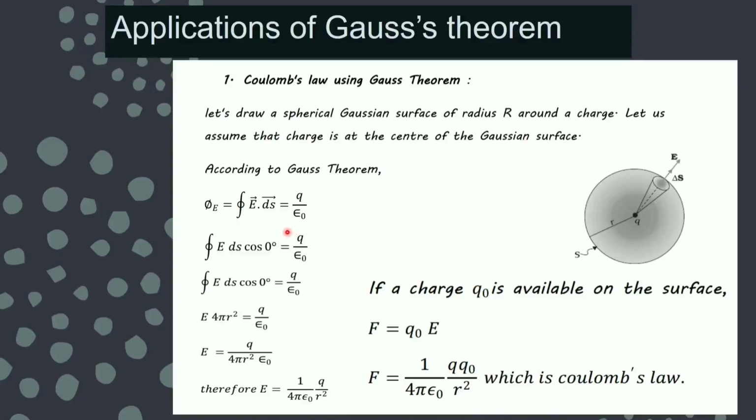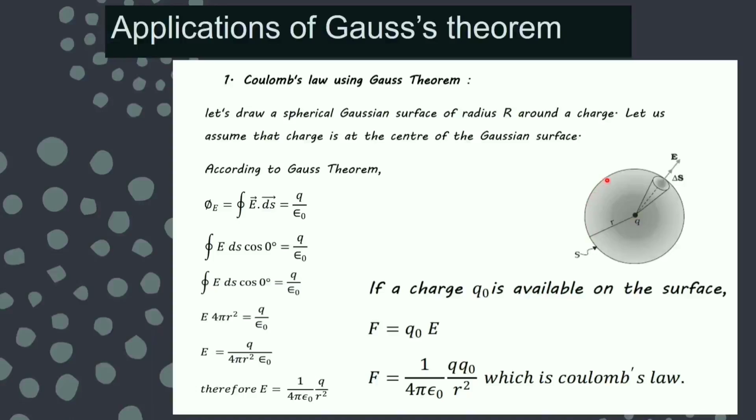Now here you can see the angle between E and ds is 0, so cos 0 is 1. So I can simply write the integral of E ds equal to q upon epsilon naught. Here I have drawn the sphere at a distance r from the center.